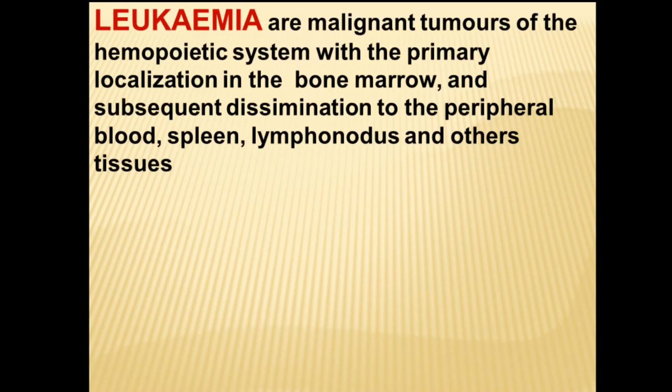Leukemia is a malignant tumor of the hematopoietic system with primary localization in bone marrow, and then it spreads to all other hematopoietic organs.